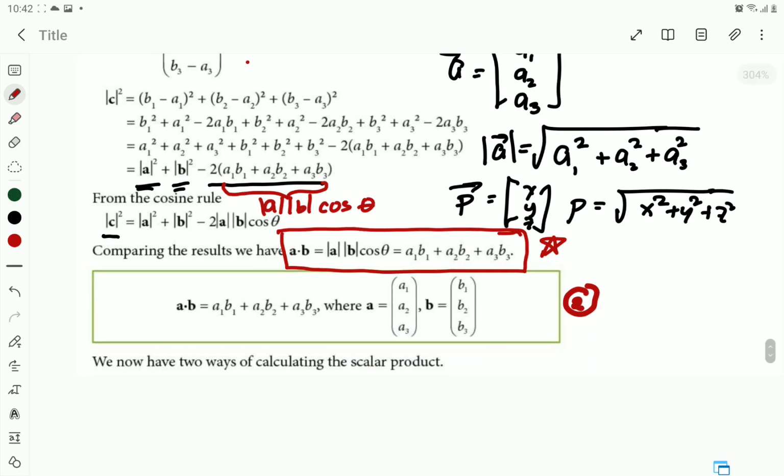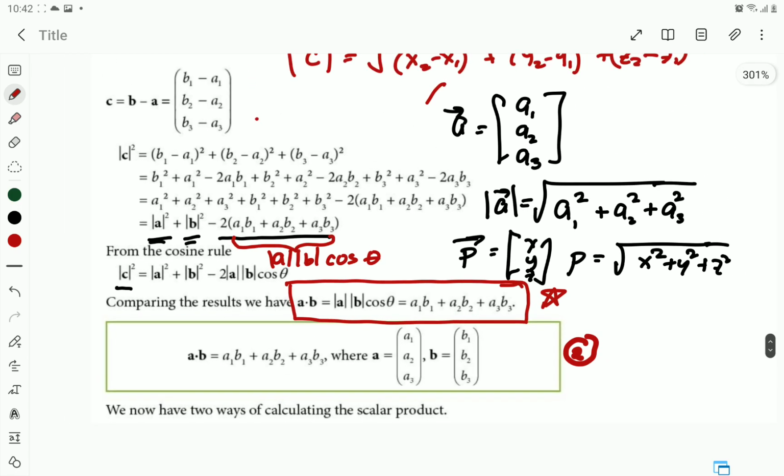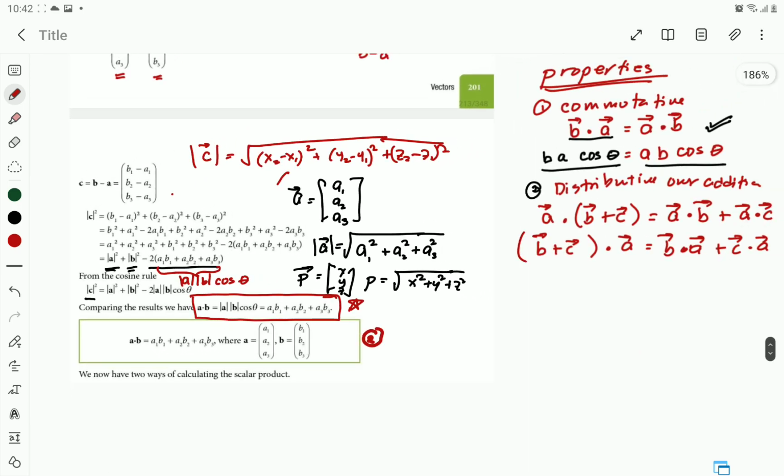In the next video, I'm going to use this one to solve problems. So guys, I will not give examples anymore from the book, but I would rather give examples directly from the past papers. Okay? Watch out. Thank you.